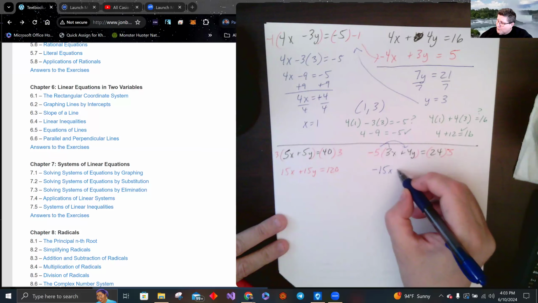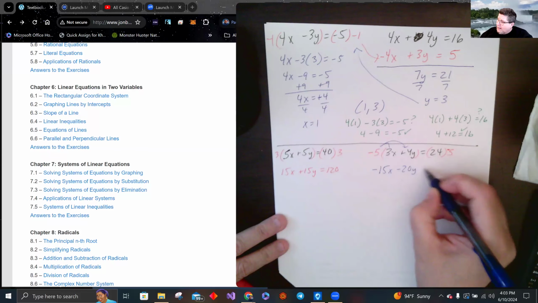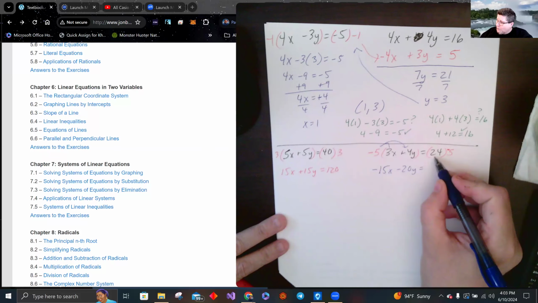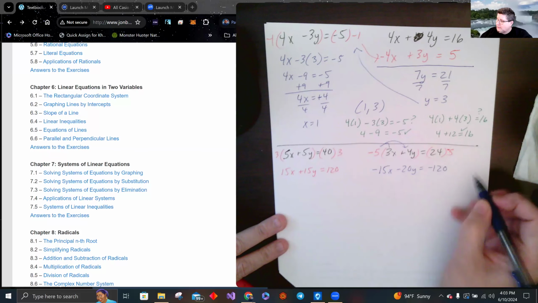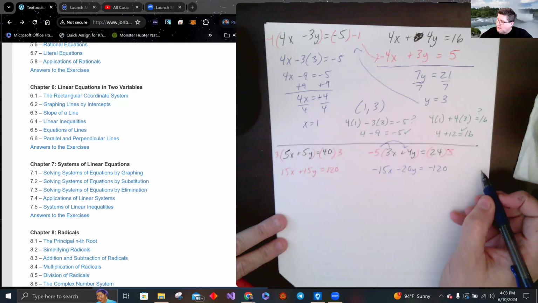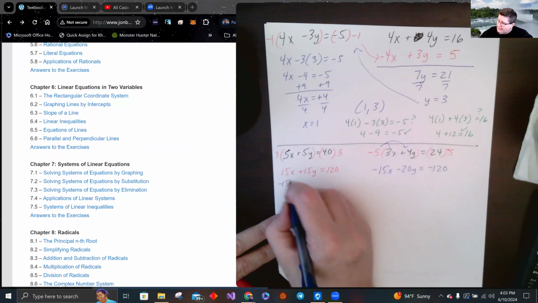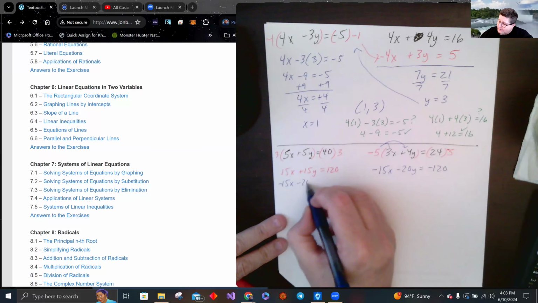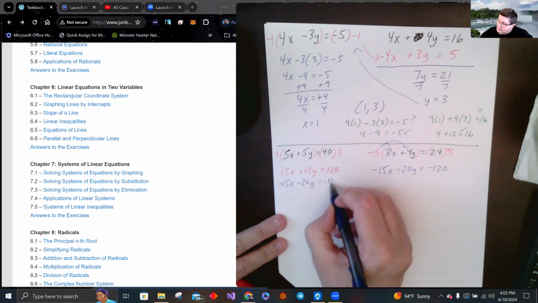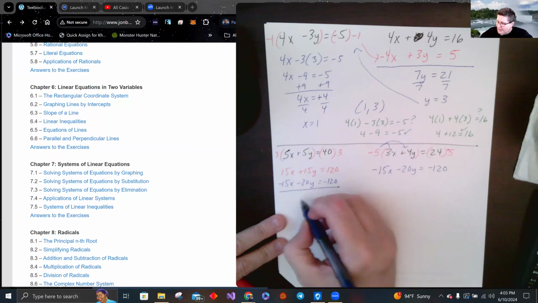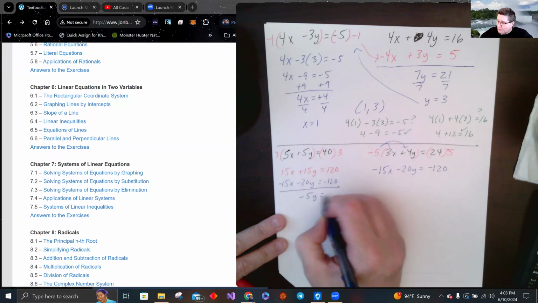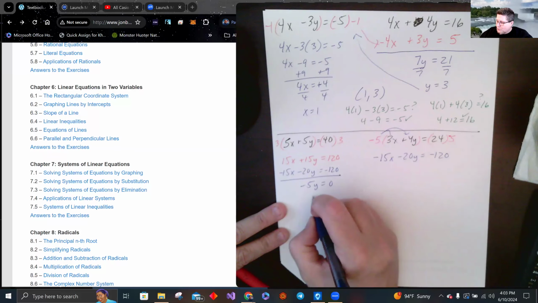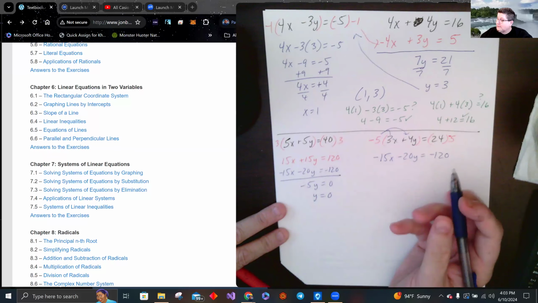Negative 5 times 4y is negative 20y. And negative 5 times 24 is negative 120. So when I line these up underneath each other, I can see when I add them up, I get negative 5y equals 0, which means y equals 0.